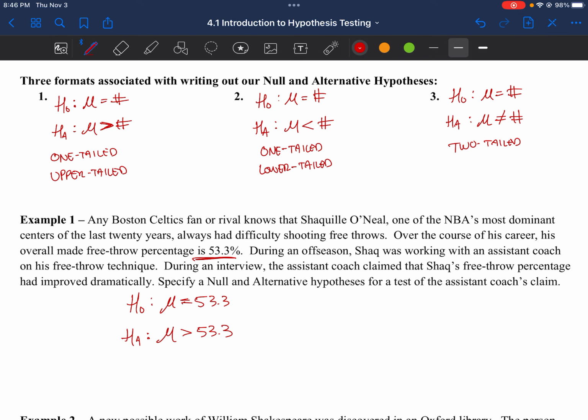It's so much that the probability that the change would be this high above the mean historically is so low that, since the probability is so low that this happened, we can only attribute this to the free throw technique that he's been working on over the offseason. And it's not just because of statistical variance and variability.